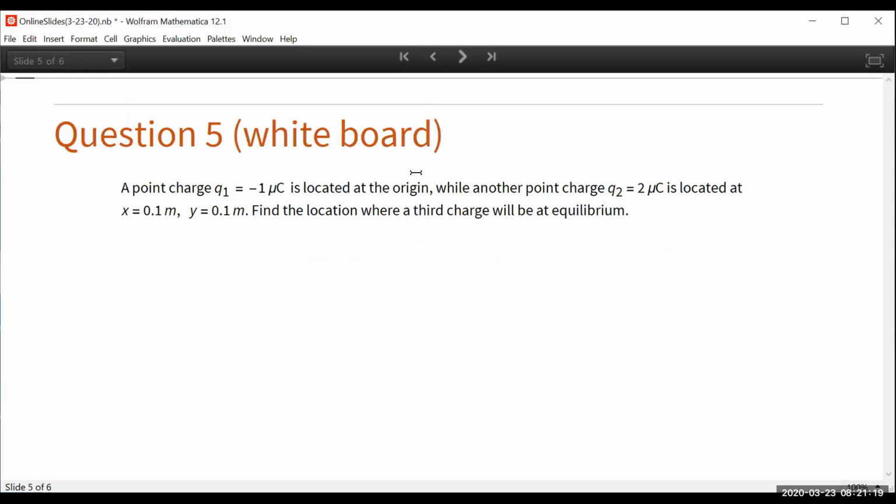Okay, so this time I'm going to ask a question and I'm going to work this out for you on the whiteboard. The question says that there are two charges, Q1 and Q2. Q1 is located at the origin, but Q2 is located at 0.1 meter, 0.1 meter. So I'm going to draw that picture. This is my origin, where Q1 is located.